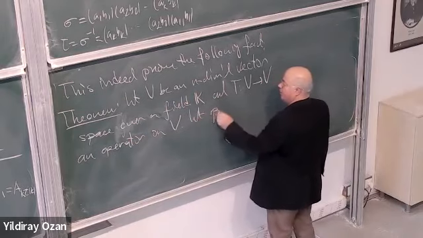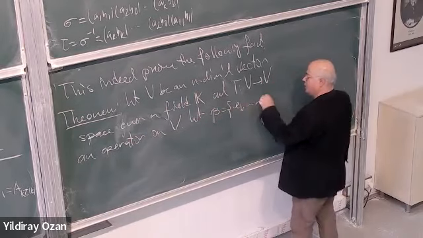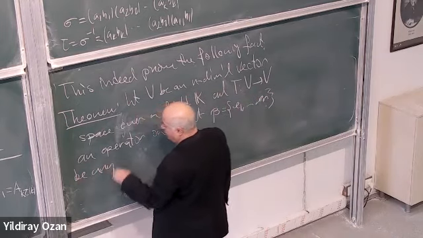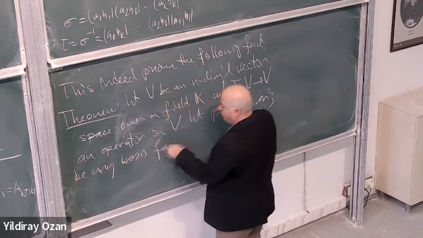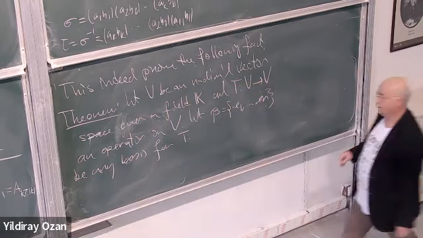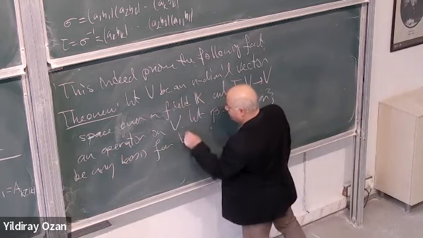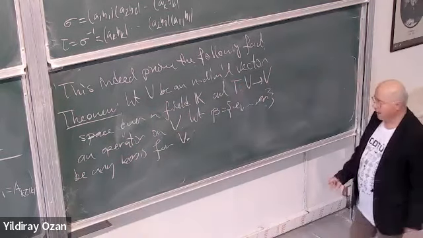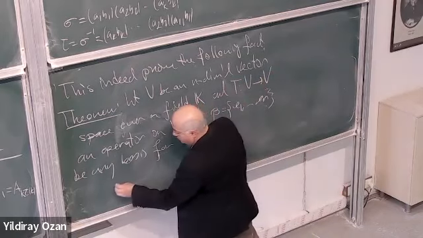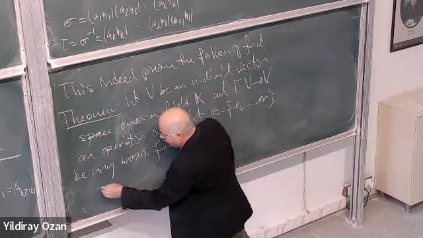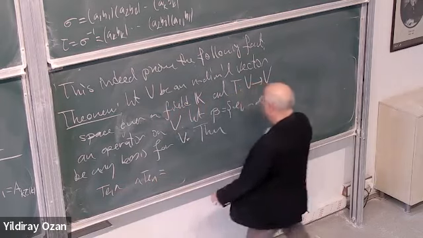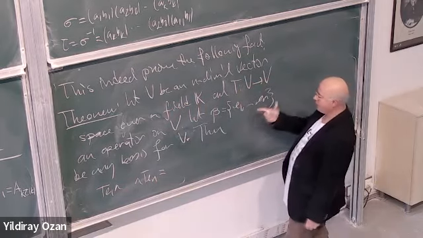Let beta, E1, up to En, be any basis for V. Then we have T E1, up to T En, is just lambda times this.